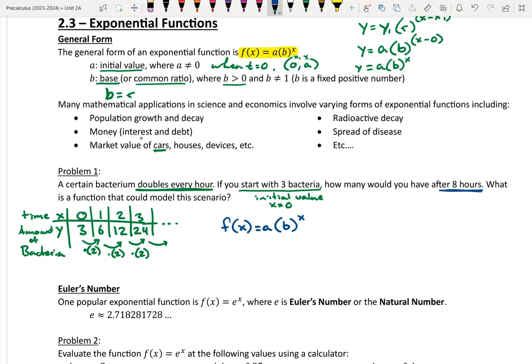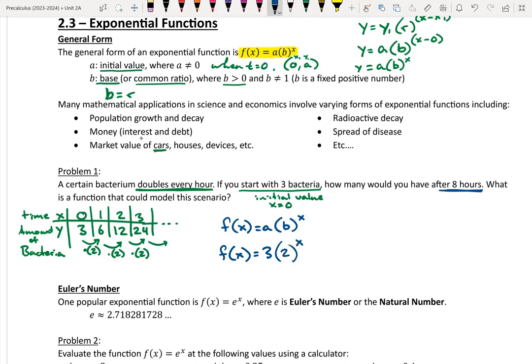So we have that our function has the initial value of 3 bacteria. Our b is going to be that common ratio that we're seeing happening here, that doubling every hour. So b is equal to 2, giving 3 times 2 to the power of x.